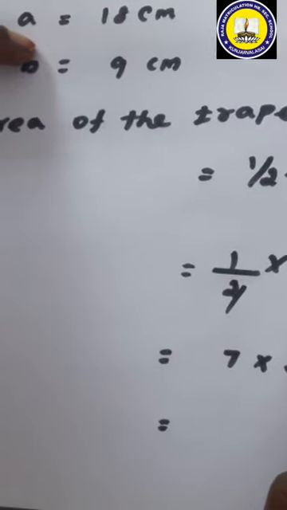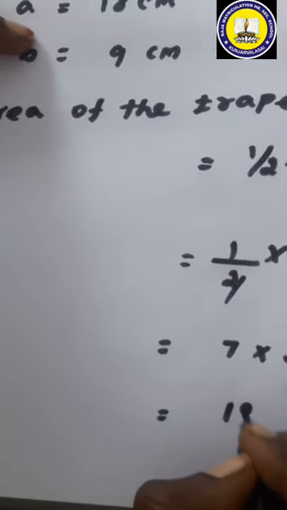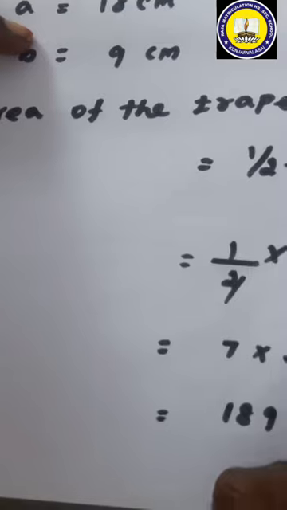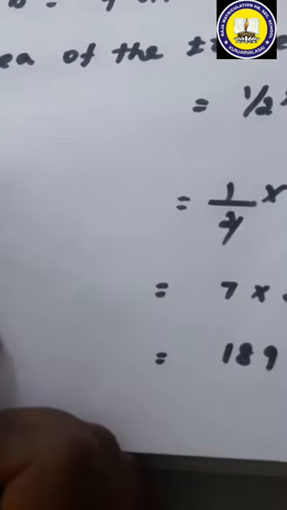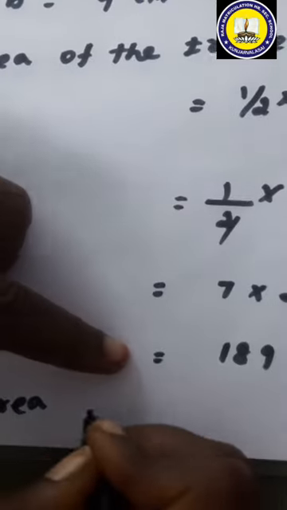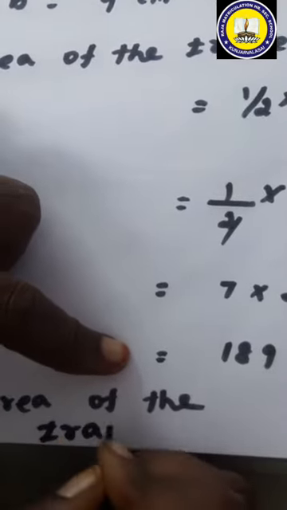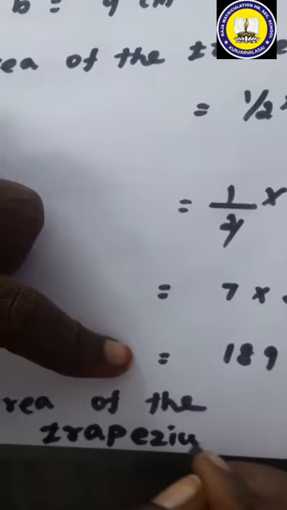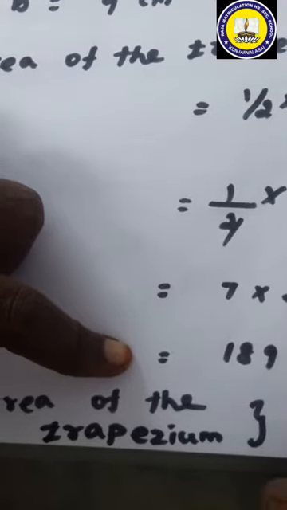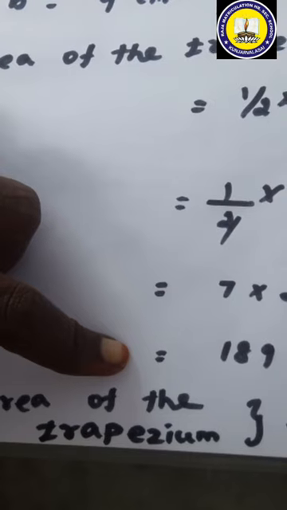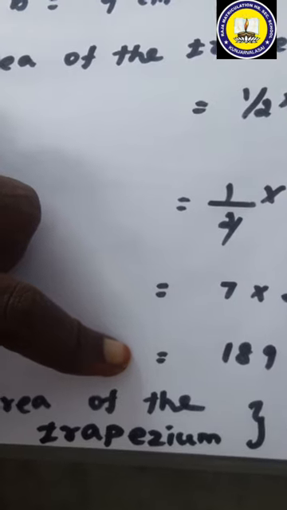Then 7 into 27 we get the answer 189 square centimeter. Therefore area of the trapezium is equal to 189 square centimeter. That's it.